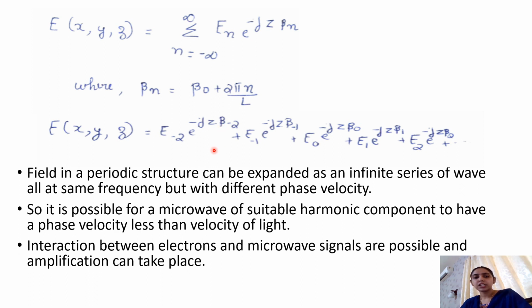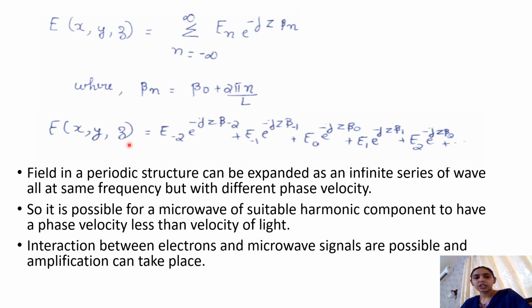So obviously we understand that the field in the periodic structure is expanded as an infinite series of waves all at the same frequency. Frequency is not varying here, it is independent, but with different phase velocities. Since beta, our phase constant, is changing, the phase velocity is different for each of them.